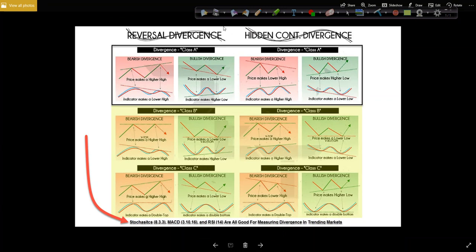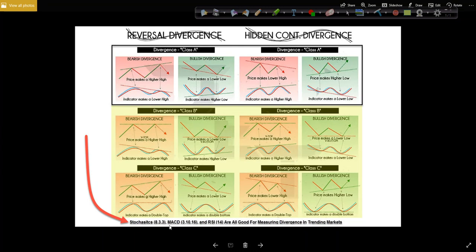So not only do you get that, but then I even made reference to this down here. And I said the reason you could use RSI alternatively is because divergence shows up in these three indicators extremely well: stochastics with an 8, 3, 3 setting, MACD as the 3, 10, 16 oscillator, and RSI 14.